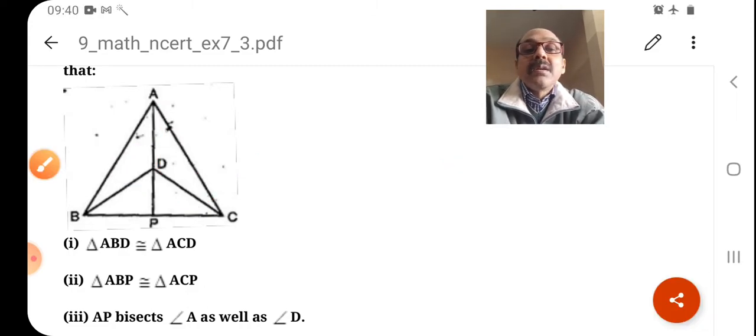Next question: triangle ABP is congruent to ACP.